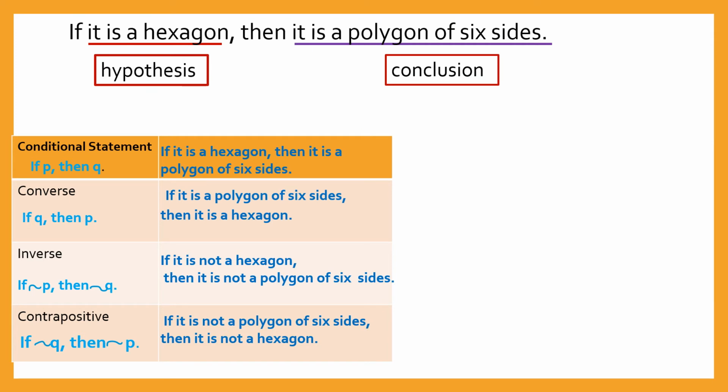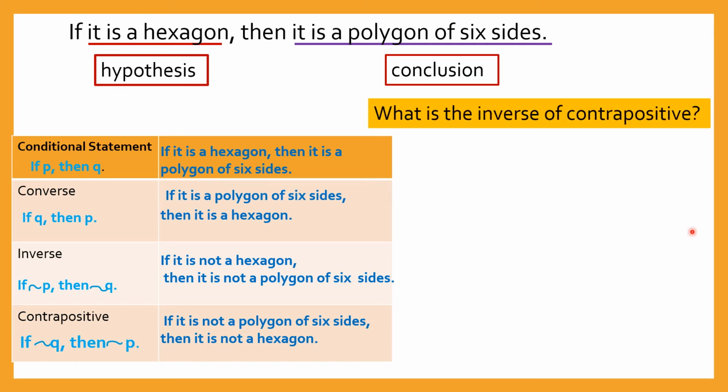Let's have another one. What is the inverse of contrapositive? So the contrapositive is our statement now, and we're going to get the inverse. When we say inverse, we are just going to negate this one. Now, look at this. The contrapositive is already negative. If it is not a polygon of 6 sides, then it is not a hexagon. But the inverse is getting the negation again. So if it's already negative and we get the negation, it becomes positive.